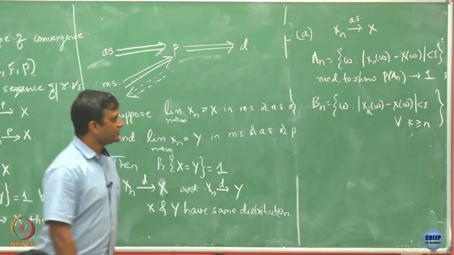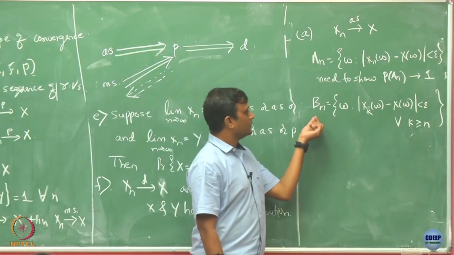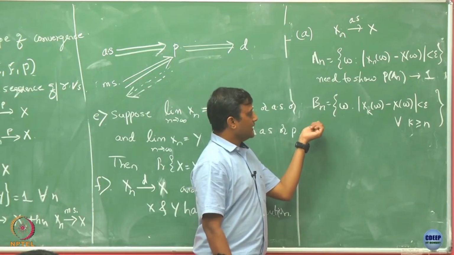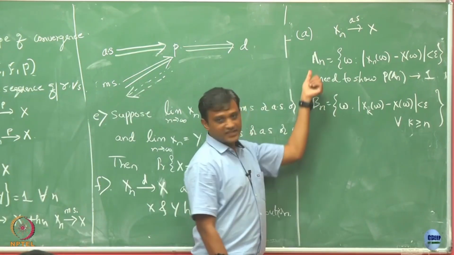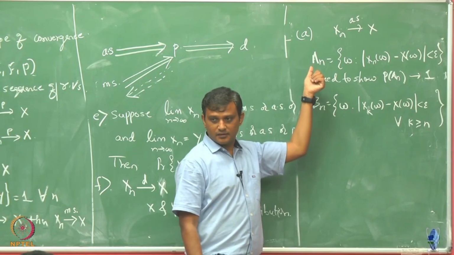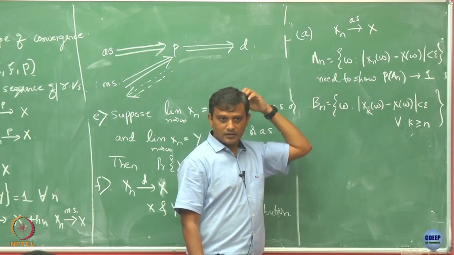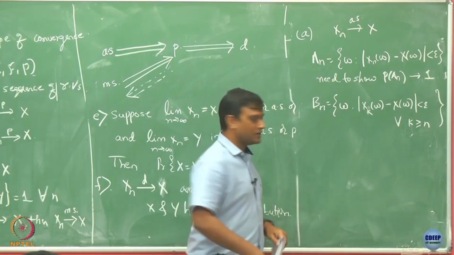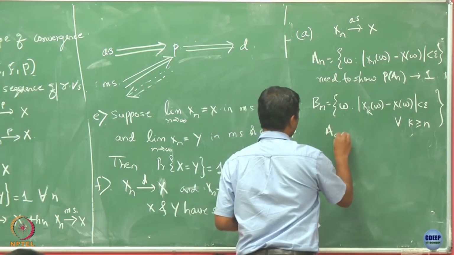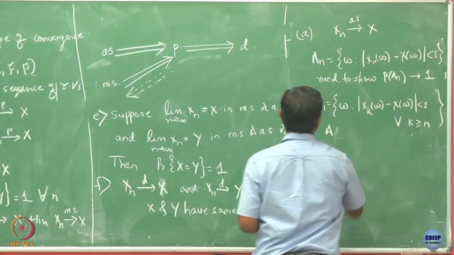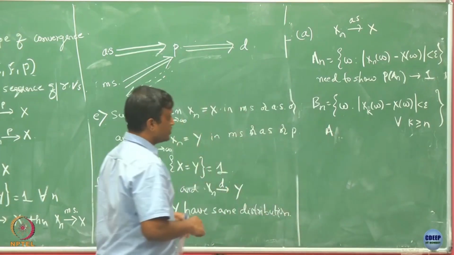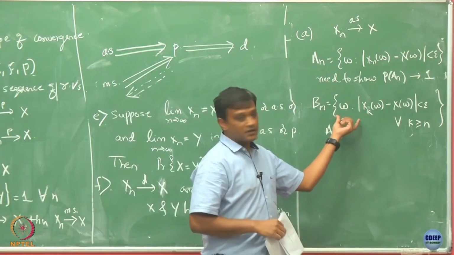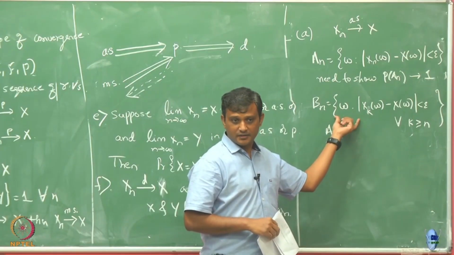So because of this, Bn is a set which is contained in An, or the other way around. So An is contained in Bn, which is more stringent, where I am asking for more. This is Bn, right?